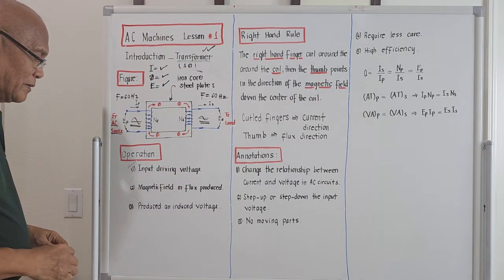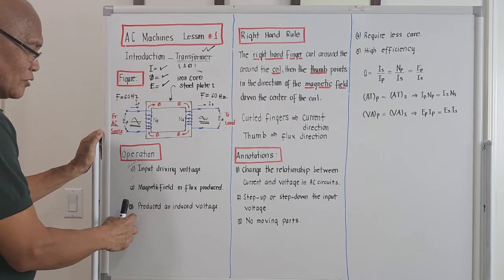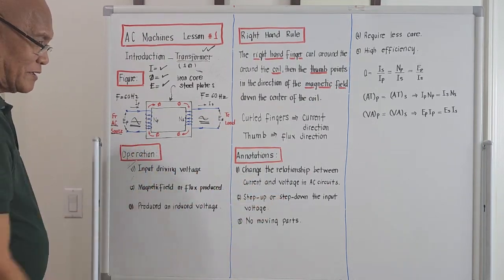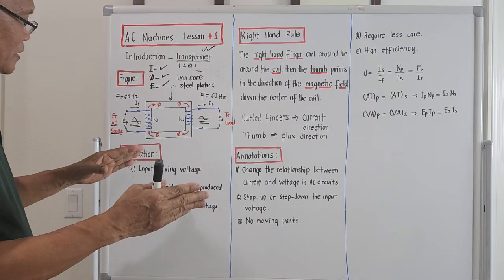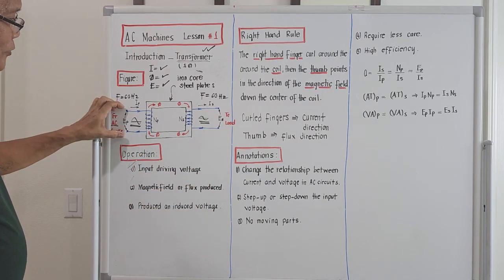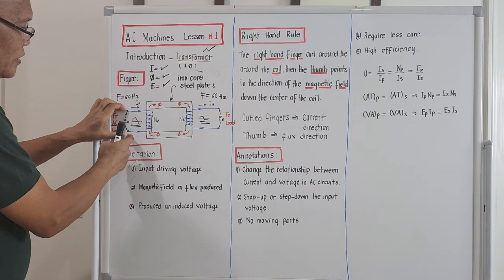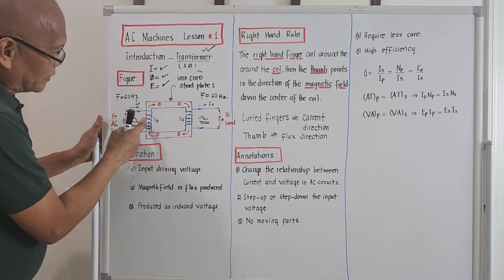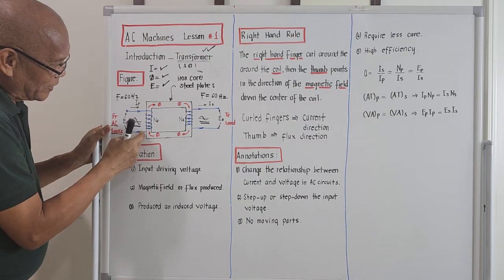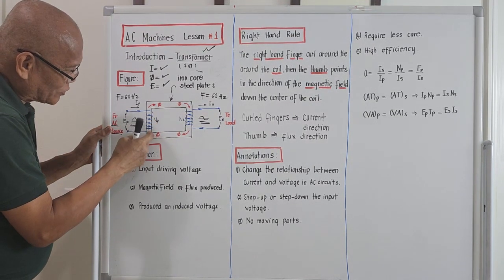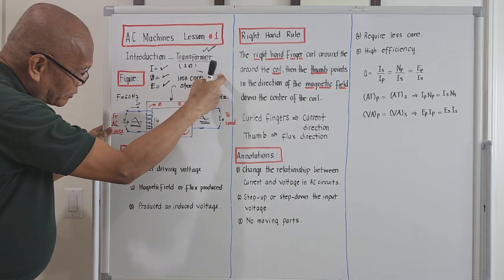And what's number 3? Produce an induced voltage. Oh, that's the one I've been discussing. The requirement for the operation of a transformer will be, there should be an input voltage here. If there is an input voltage here, current will pass through the primary winding, and a flux will be produced on the iron core or steel plates.